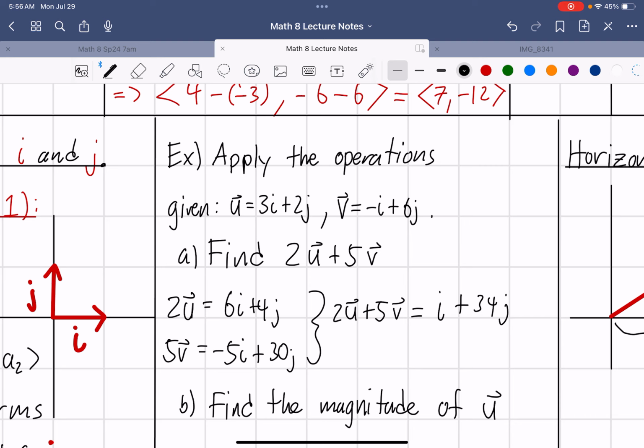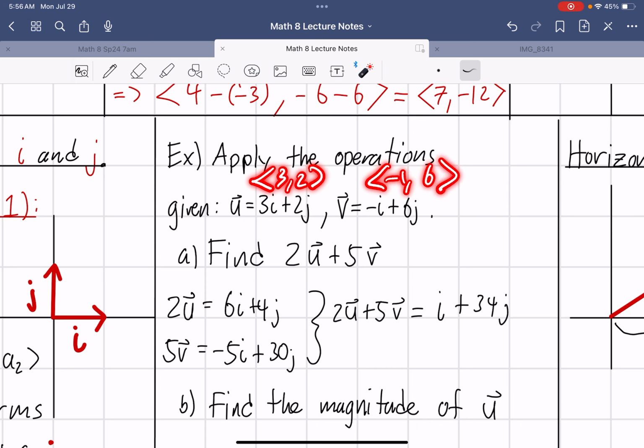I do everything the same. Instead of thinking about this vector as 3 comma 2 and this vector as negative 1 comma 6, again, we just add the corresponding coordinates. Of course, I had to apply this 5 first and this 2, but you add them the same.